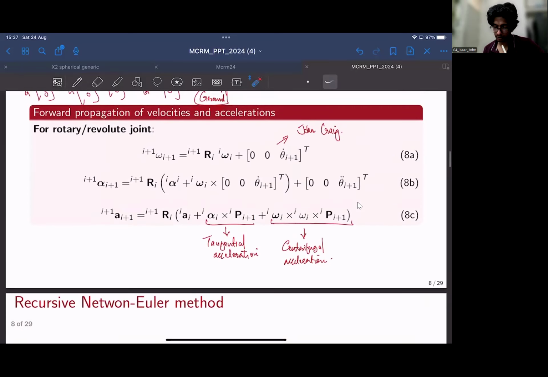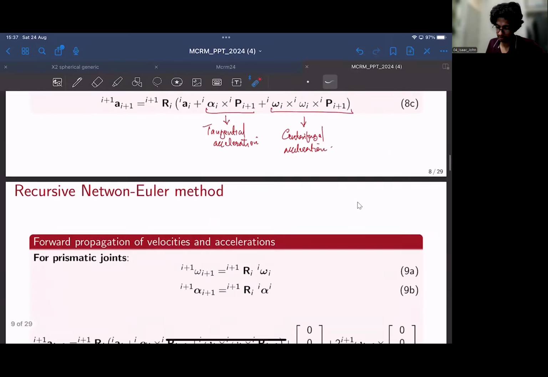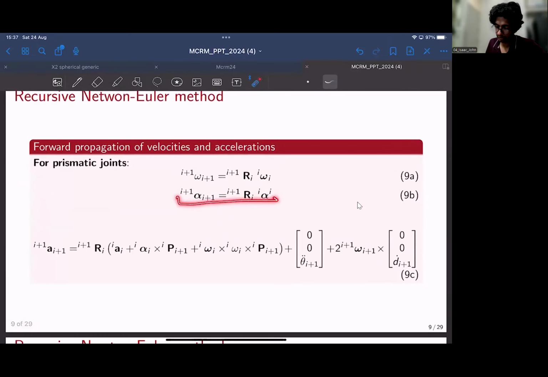Compared to the expression for a rotary joint, this term and this term do not exist for a prismatic joint, because these are inputs of angular velocity and angular acceleration that you are supplying onto the joints. Because these two terms are zero, we only end up with this term for a prismatic joint, which is described by equation 9b.